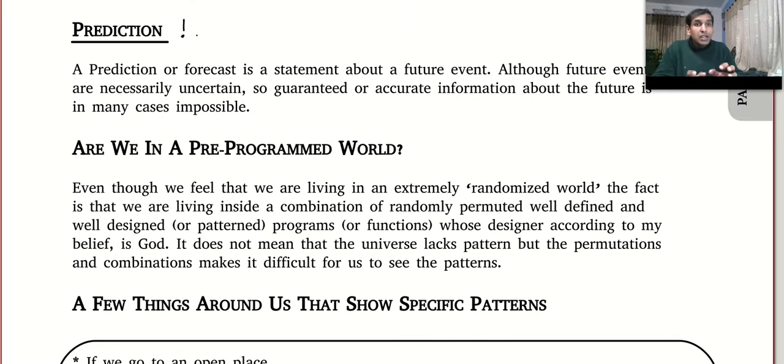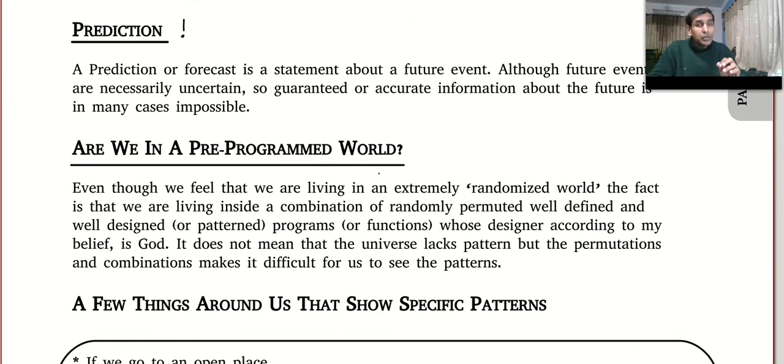And before we learn probability and statistics, you should be clear about one thing. That is, it looks like we are living in a pre-programmed world. And you might be thinking that the world where we are living is completely random. There is no order. You see many things here and there.